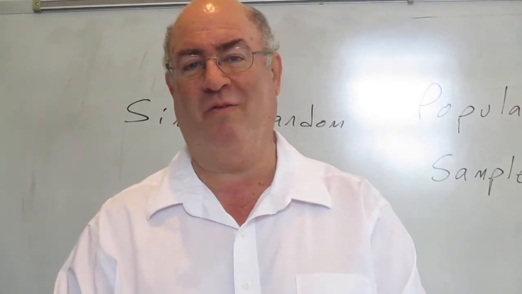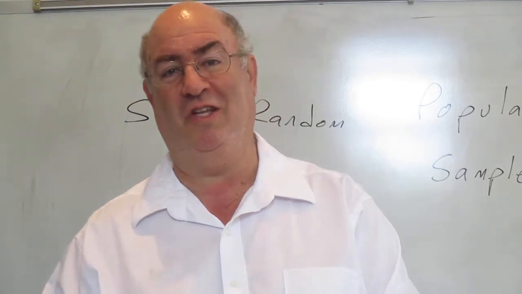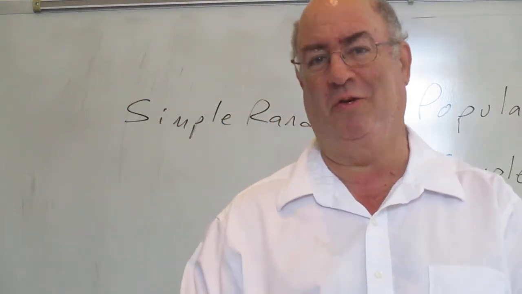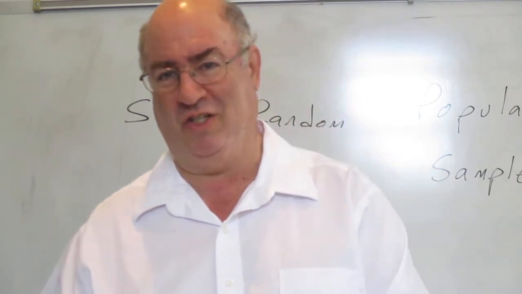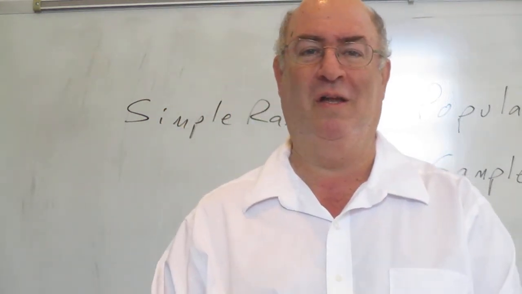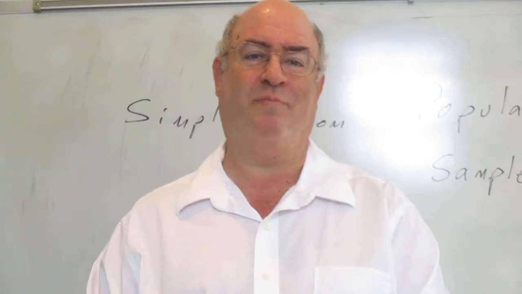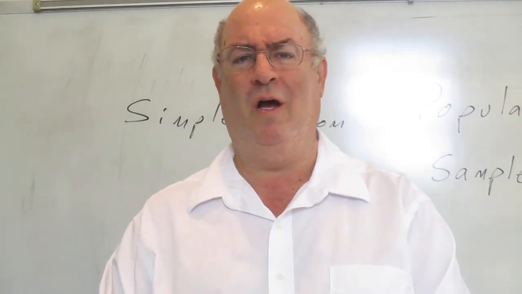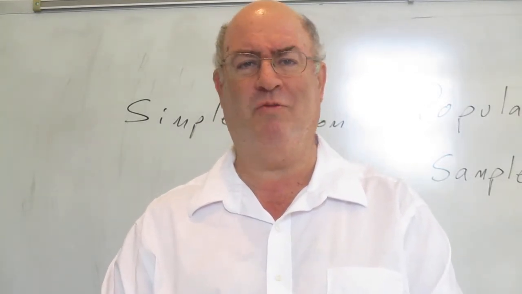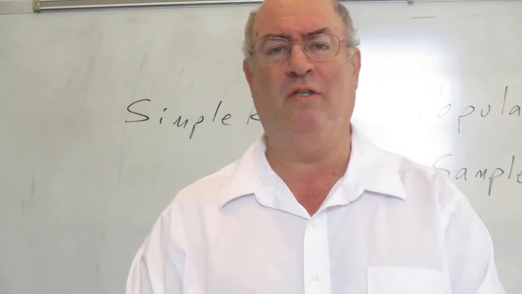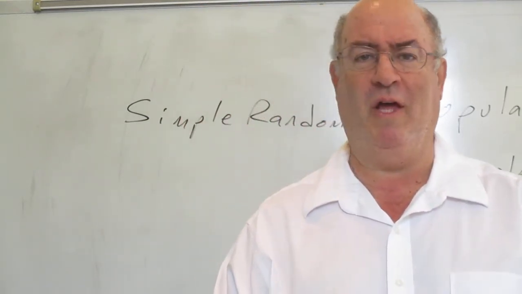We usually add 10, so we'd ask the 16th person, the 26th person, the 36th person, etc., until we get enough people to gather information. And that's used for people coming out of stores at the mall, things like that.